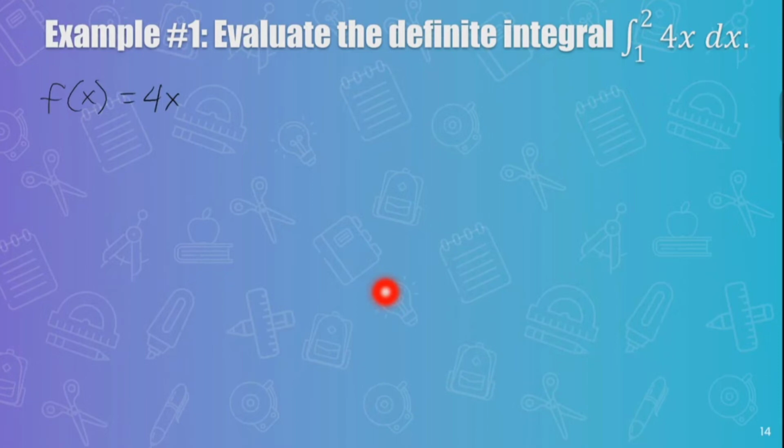Kapag nag-i-integrate tayo, di ba, nag-a-add tayo ng 1 sa exponent. If meron tayong 1 na exponent, plus 1 natin. Then kung ano yung nasa exponent, yun yung nasa denominator. So pag sinolve natin siya, we have 4x squared over 2. Since 4 over 2, meron siyang lowest term. What's the lowest term of 4 over 2?